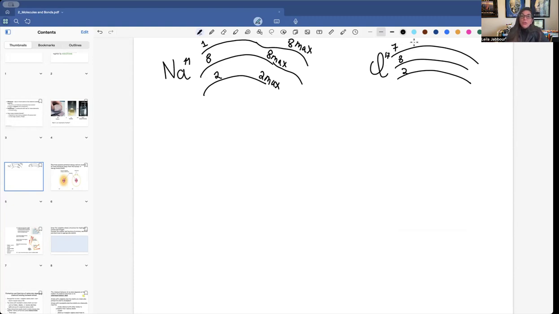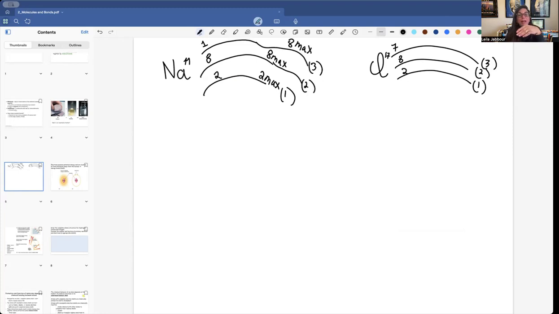Okay, so these third shells right here, this is number 3, number 2, number 1. These third shells basically are the valence shells, because that's where we have the last electron for these particular atoms. So these shells are not full. So that's not stable.